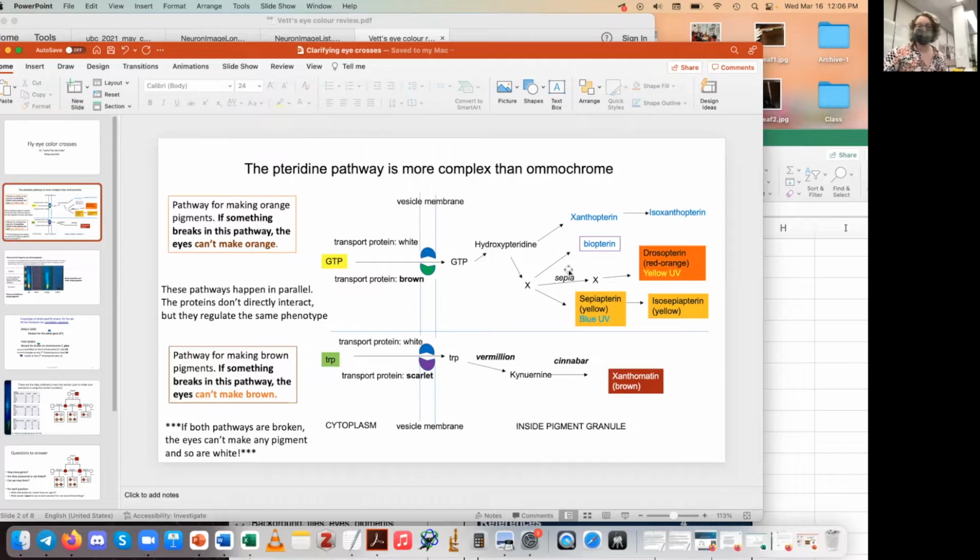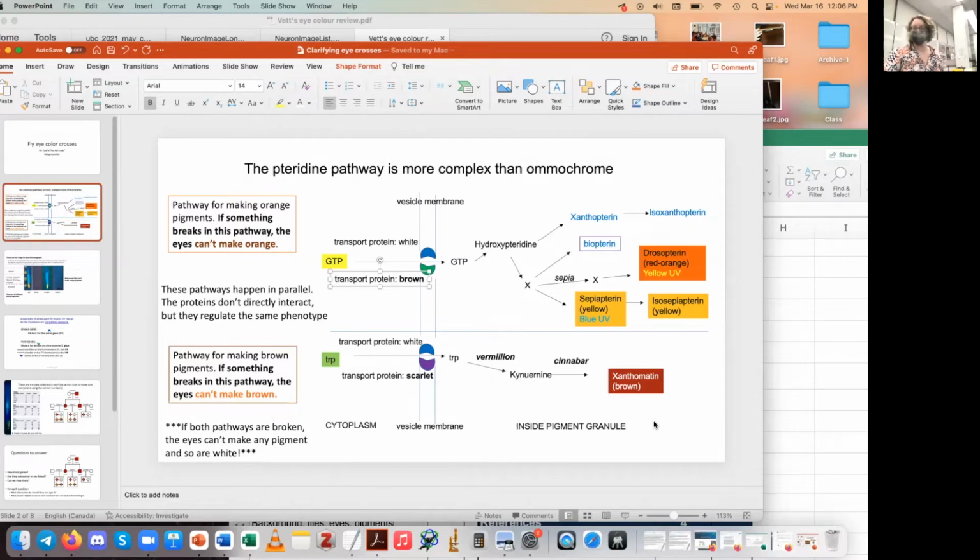So if something is broken in the pathway to make orange, you can't make orange. And that's what a mutation is. A mutation is just broken genes. So if, say, the brown gene, which is a transport protein, this guy here, is broken, that means you can't make orange pigment.